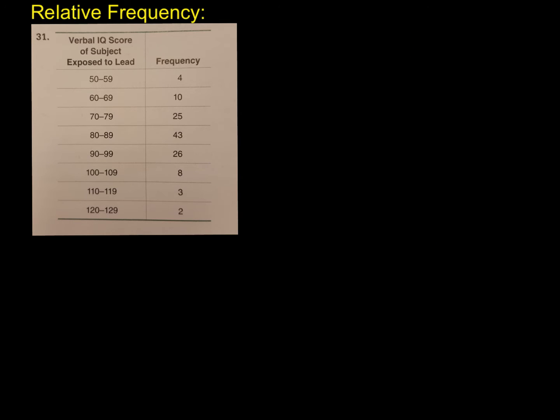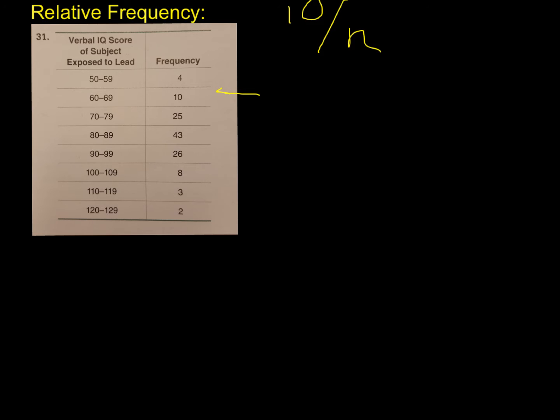To find relative frequency for any given class in a frequency table, we divide the number of frequencies that occur in that class by the total number of frequencies in the chart and multiply by 100%. For example, if I wanted to find the relative frequency of the second class, the 60 to 69 class, I would take my frequency for that, 10, and divide by n.